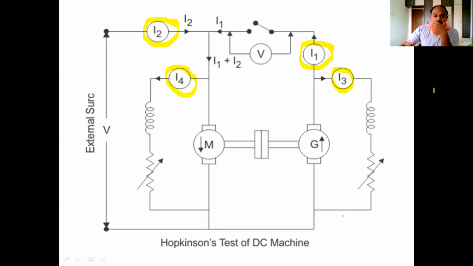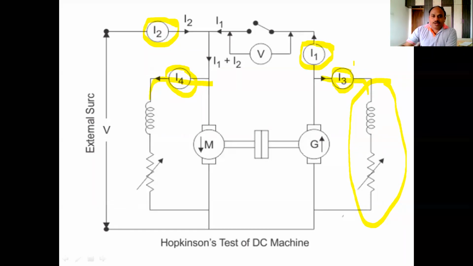Two ammeters are at the two field circuits. One measures the field current through the generator circuit, and the other measures the field current of the motor circuit.